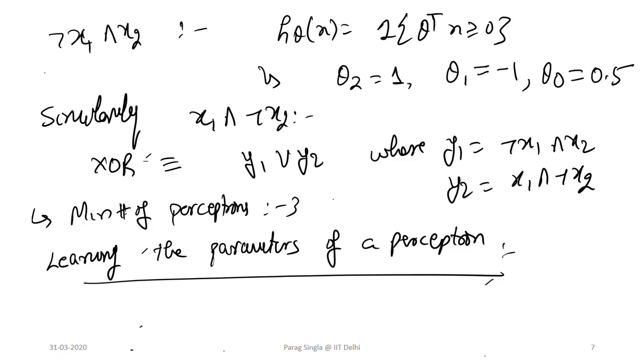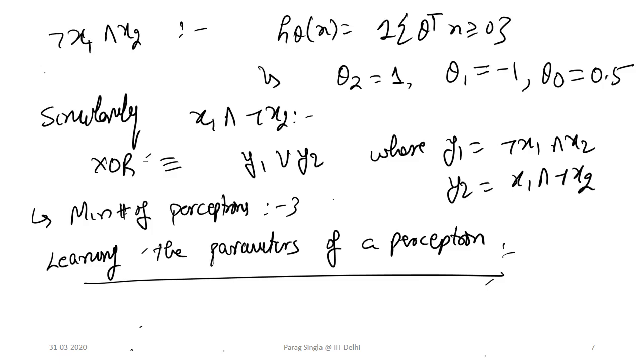We want this to be 1 if x1 is 0 and x2 is 1, so you can verify that theta 0 is 0.5.